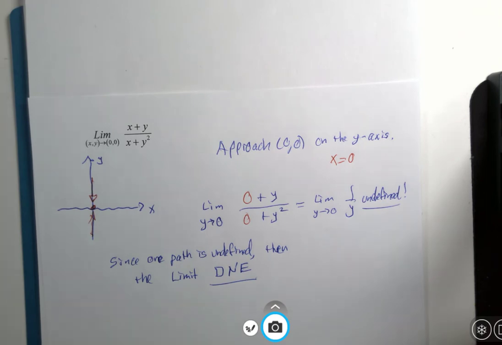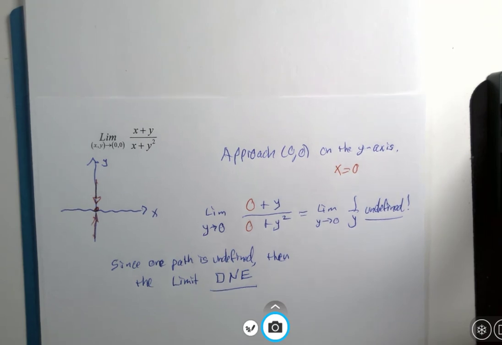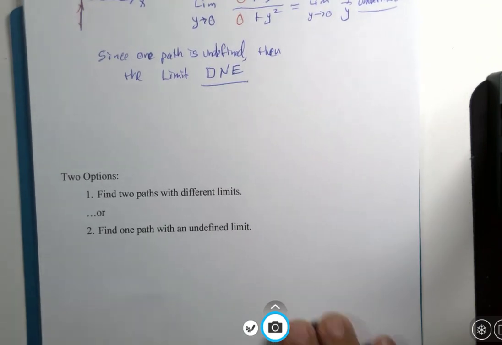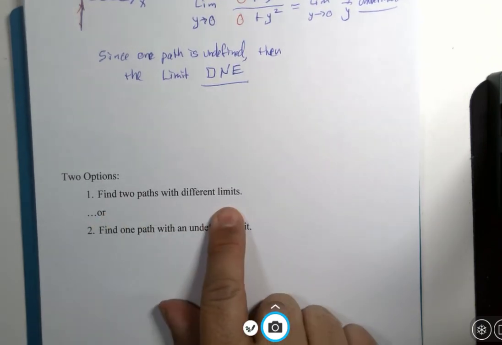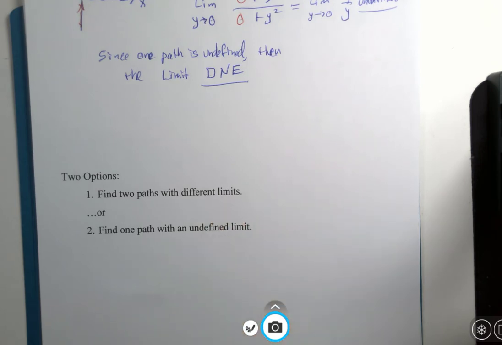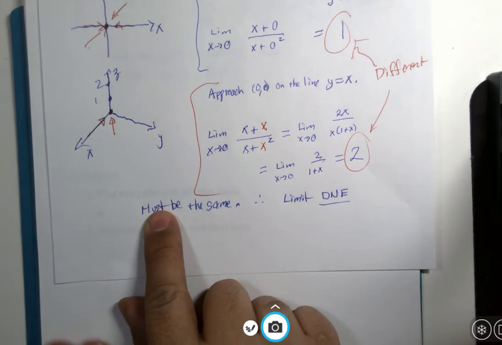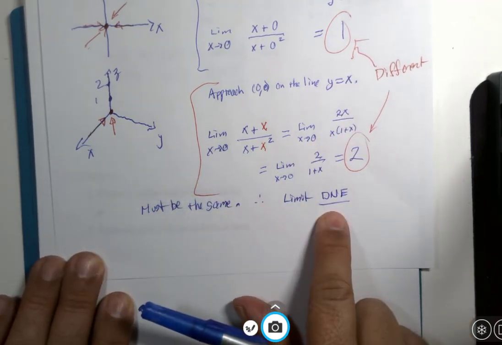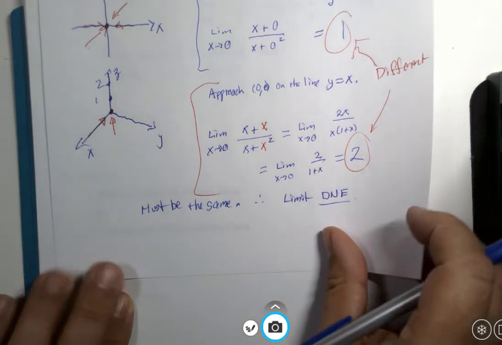So if the directions ask you to show that the limit does not exist, you have two options. Find two paths with different limits and make sure to state they have to be the same. They're different. The limit does not exist. That's your conclusion.